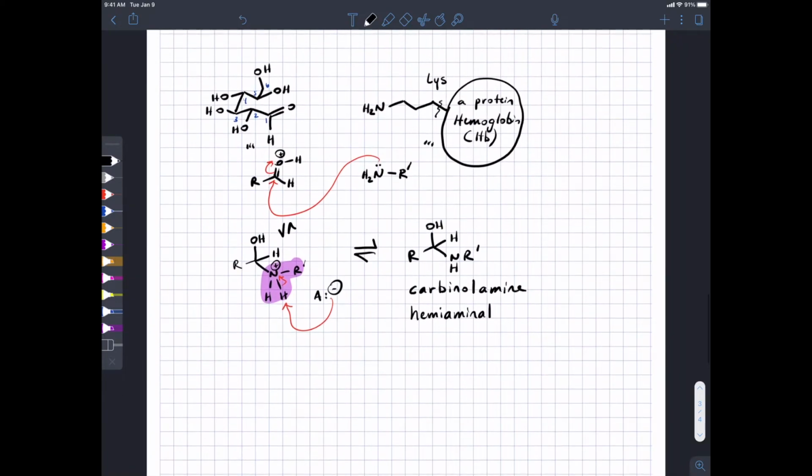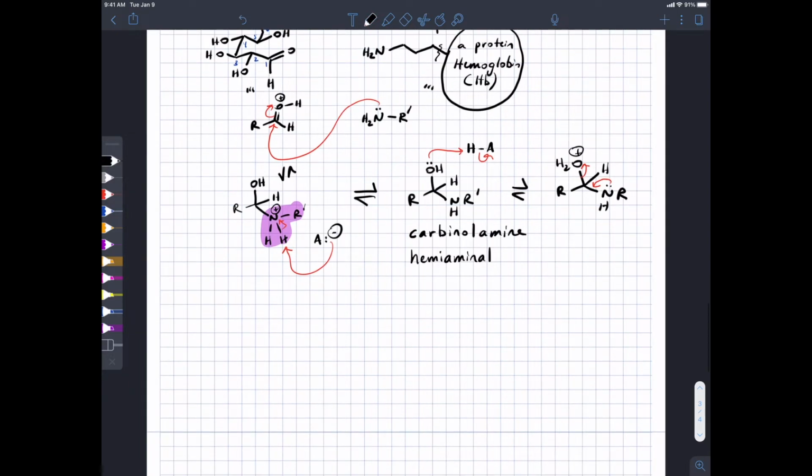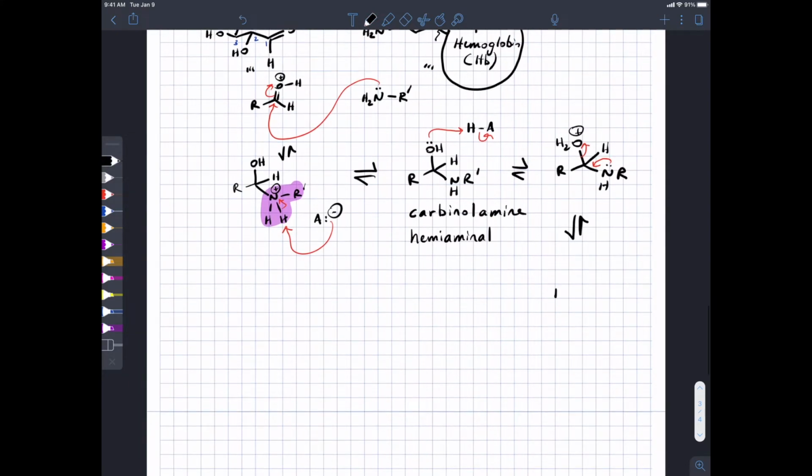Now, in acetal formation, we wanted to get rid of the water, so we can use an acid catalyst to protonate the OH group, thereby turning it into a good leaving group. Now it becomes water. That group can leave as neutral water. And as we did before with acetal formation, we can kick electrons down and kick water off to generate the following ion.